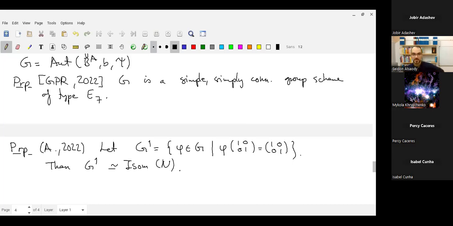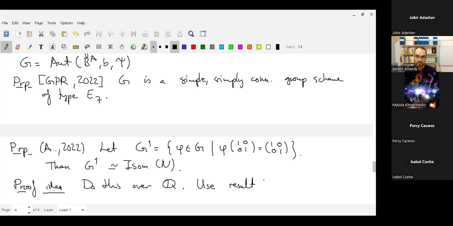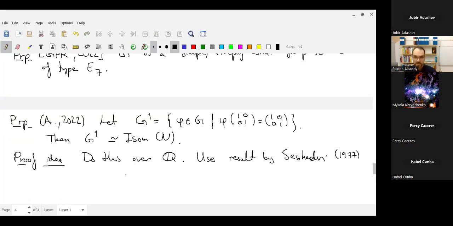So the proof idea is to do this over Q, and then you use a result by Seshadri from 1977 on representations of algebraic groups.